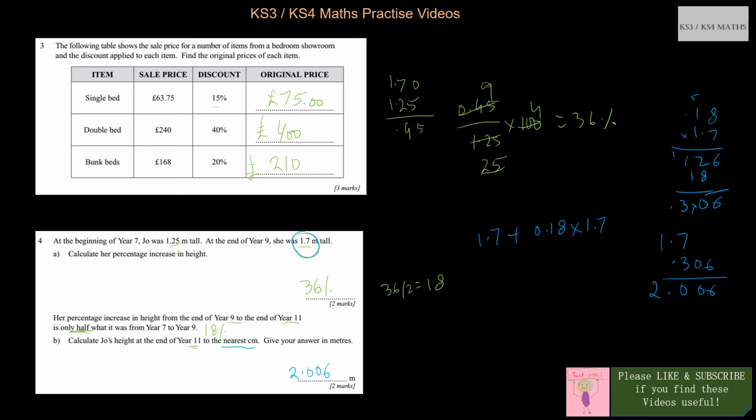So it is 200.6. To the nearest centimeter it would be 201 centimeters. Or this could also be 2.01 meters.